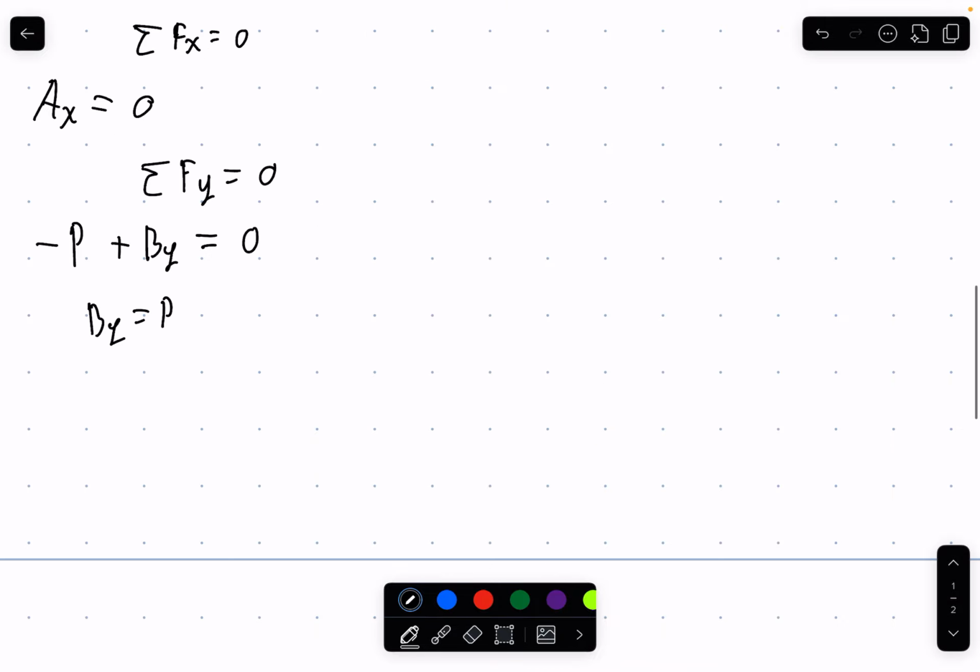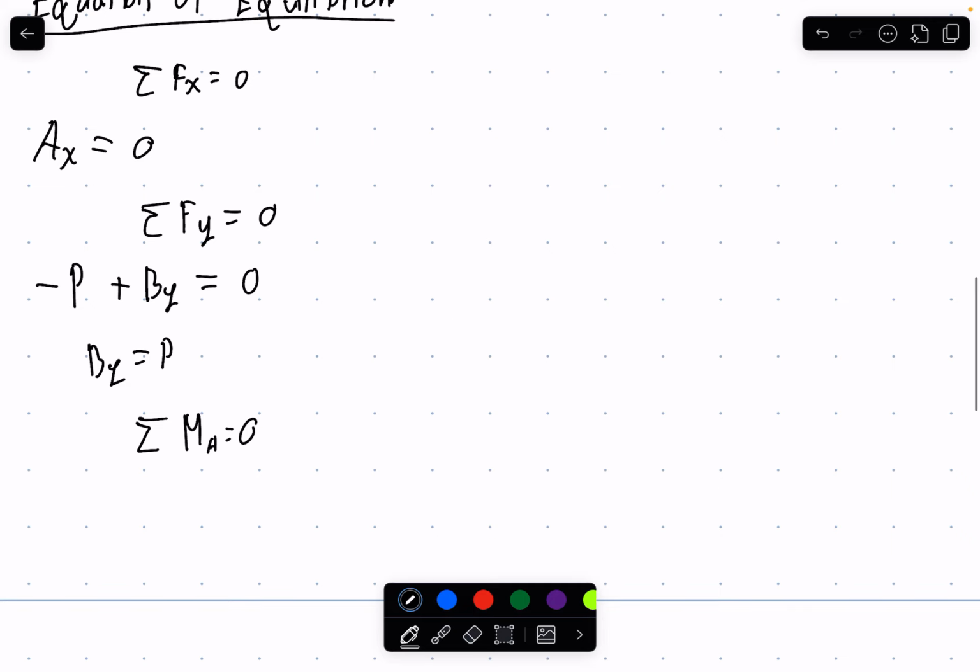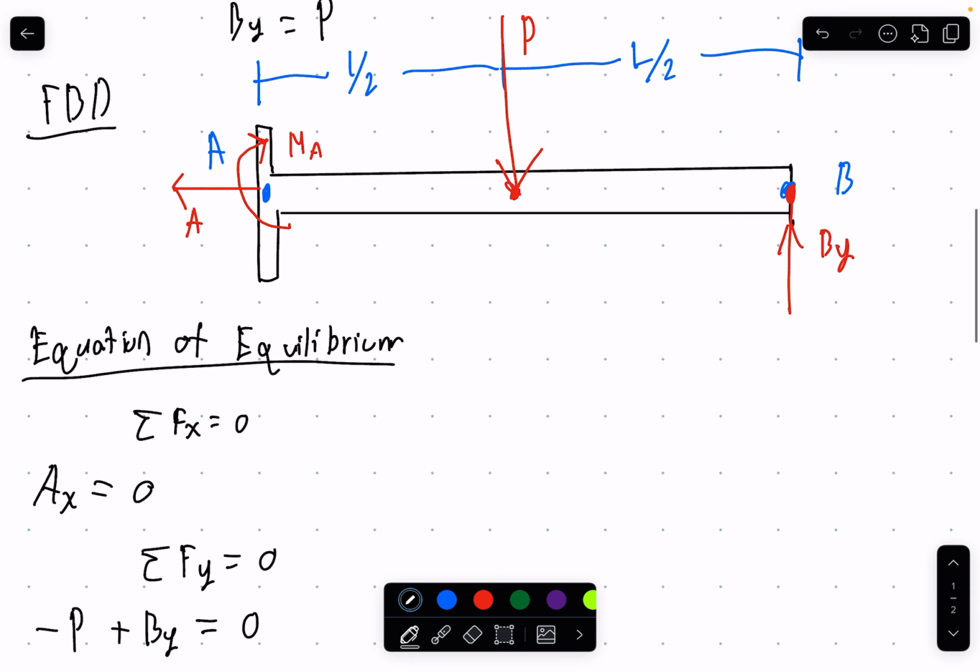And the moment about A is going to be the last one. We know that moments are a force times a distance, a force times a moment arm. So we know that our answer would be in terms of both P and L. Actually, let's sum the moments about B here, so the By cancels out.